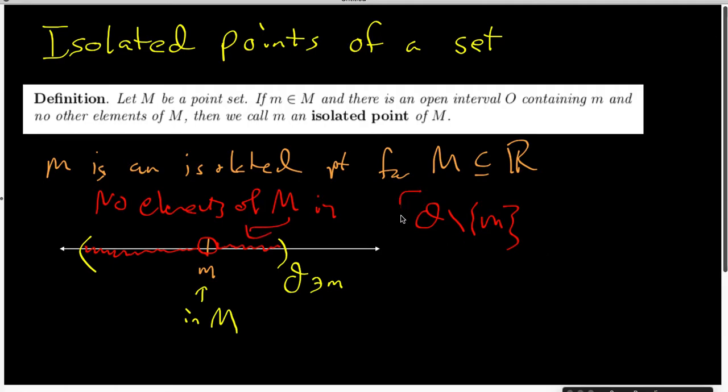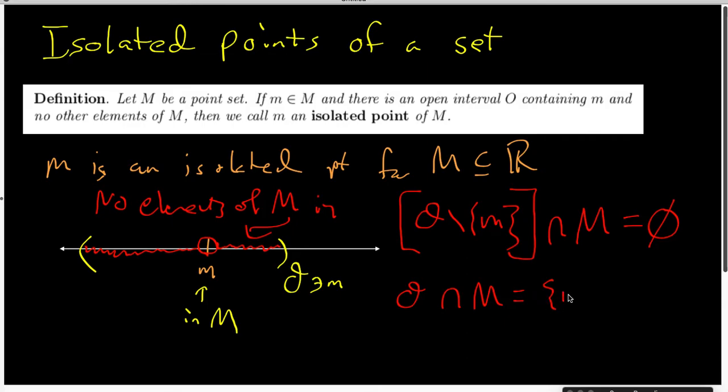So the set O take away the set containing little m, intersected with M, is going to have to be empty. Another way of saying this is that O intersected with M is the singleton set containing just little m.